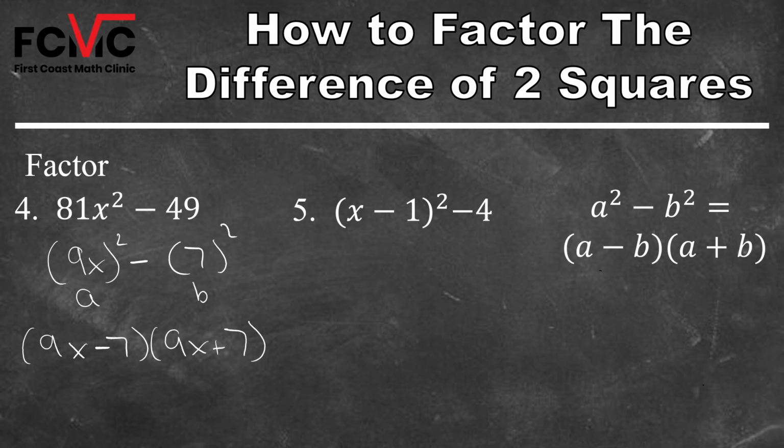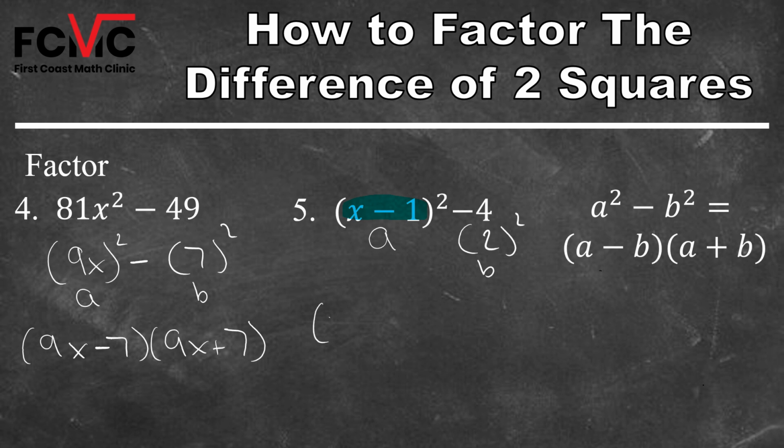Number 5, x minus 1 squared minus 4. Well, what am I squaring to get x minus 1 squared? I'm squaring this entire quantity, x minus 1. So my a value is the entire x minus 1. And then what am I squaring to get 4? I'm squaring 2, so that 2 is my b value.